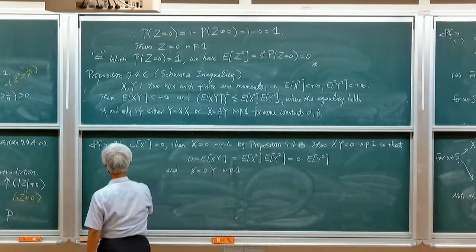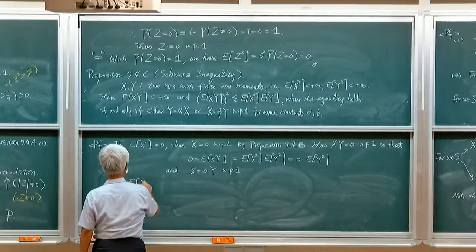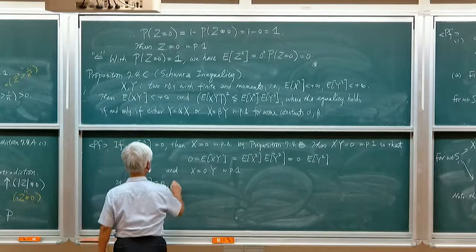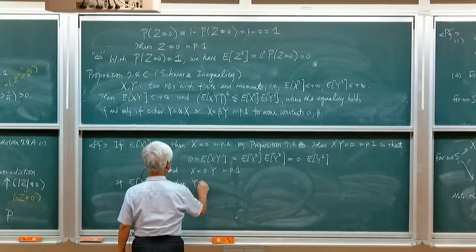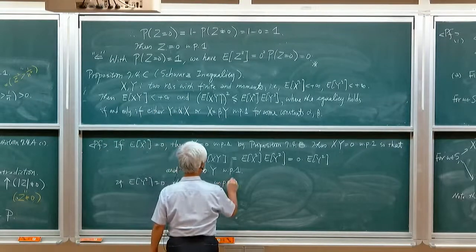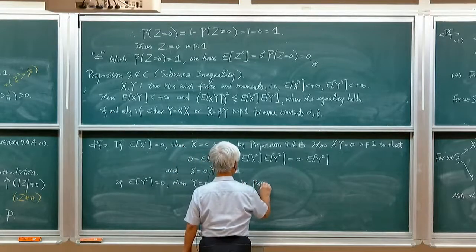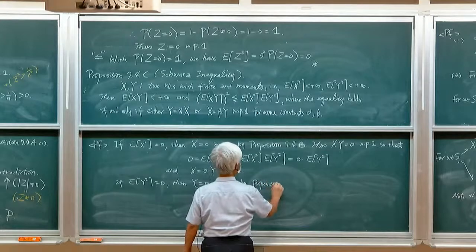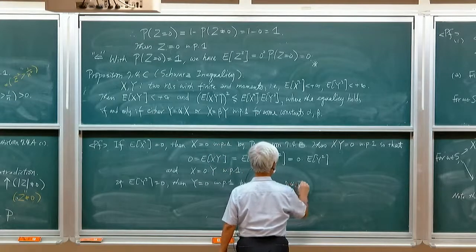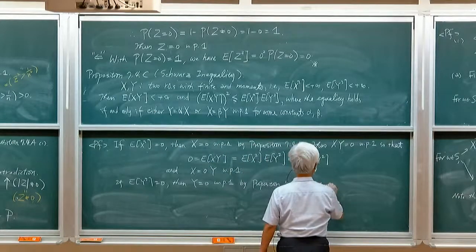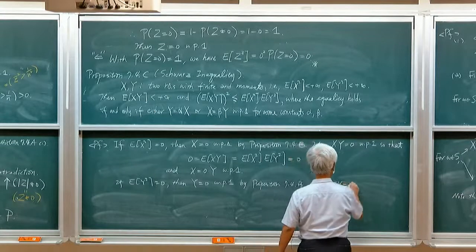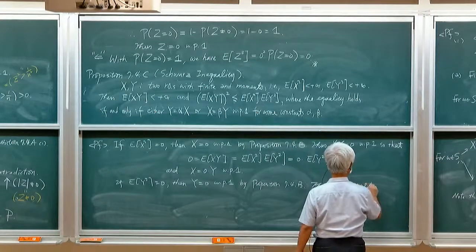And similarly, if this is 0, then y is 0 with probability 1 by Proposition 7.4.b. So that's xy is 0 with probability 1.